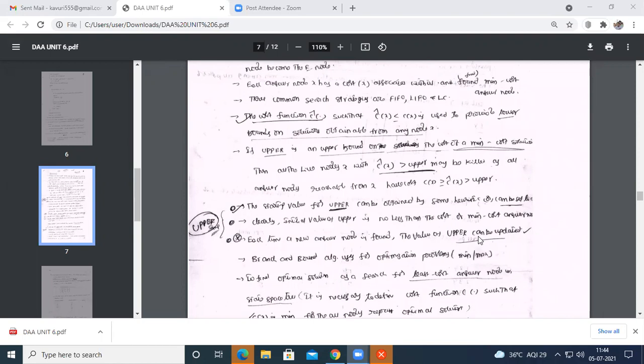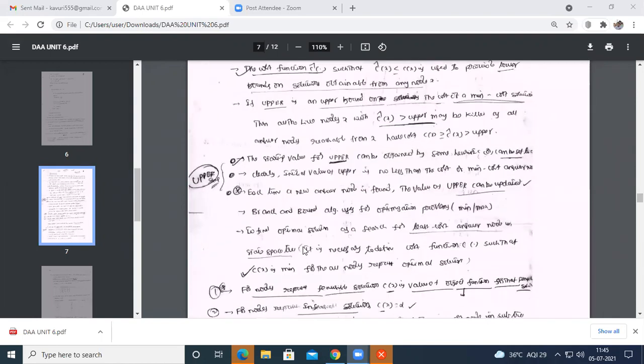Next, the branch and bound algorithm is used to find the optimization solution, either minimum value or maximum value. To find the optimal solution, we search for the least cost answer node in the solution space tree.